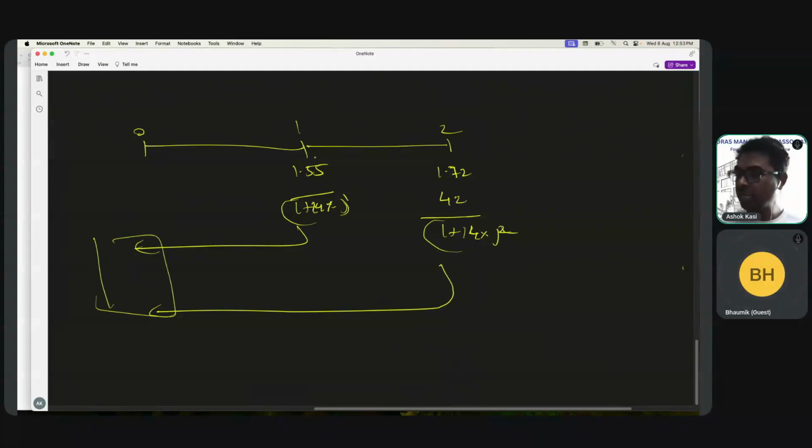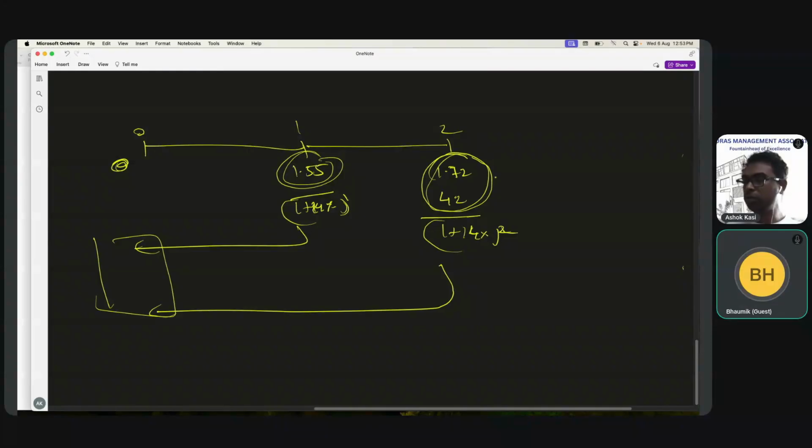Or you can go to cash flow. You keep CF0 as 0, CF1 as 1.55, and CF2 you add these two, 1.72 plus 42, which is 43.72. Then calculate NPV.